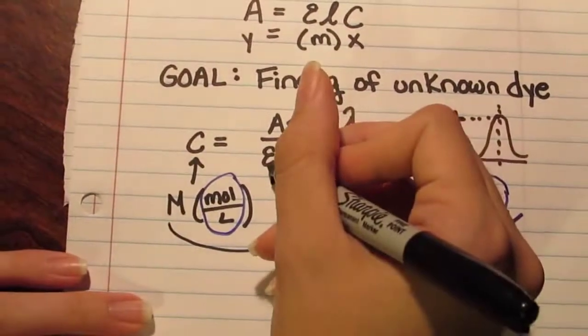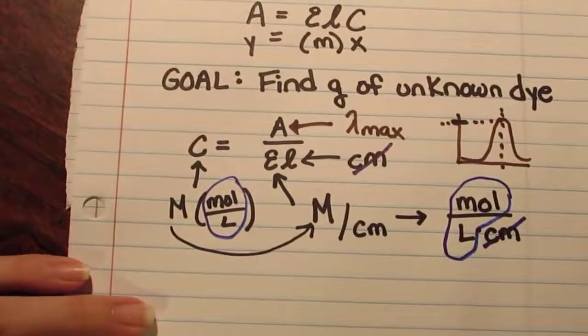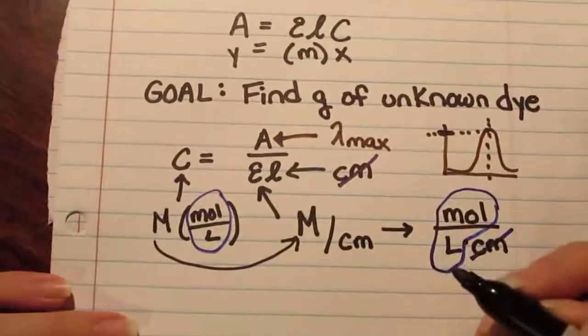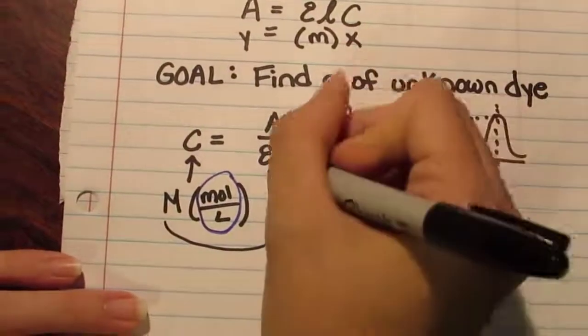Our epsilon value here is why we did our dilutions with the stock sample. So this value that you gained from your slope in the calibration plot is what you need to plug in here.